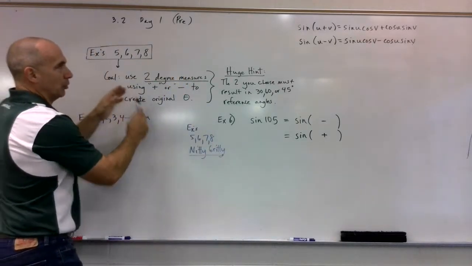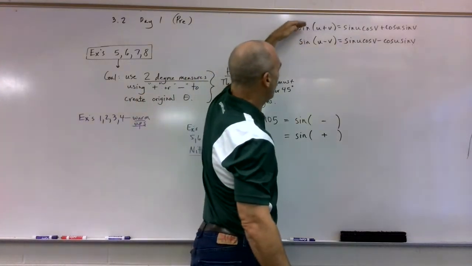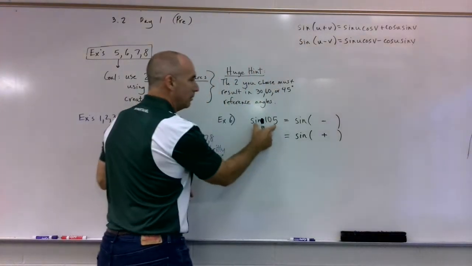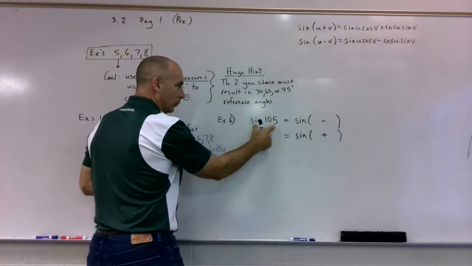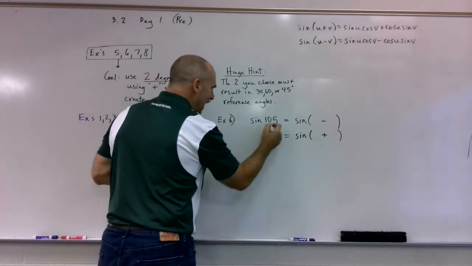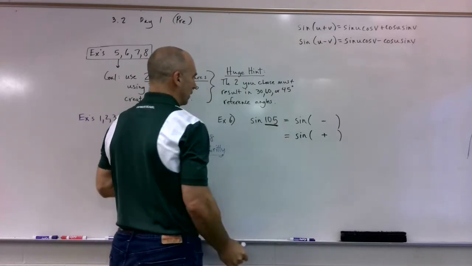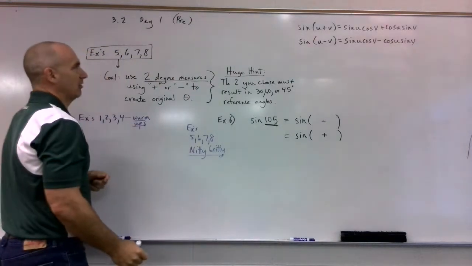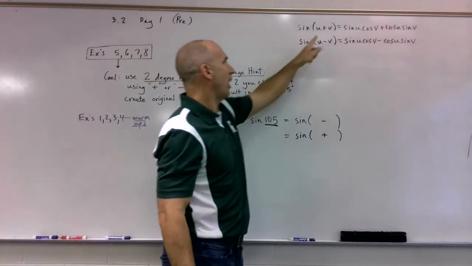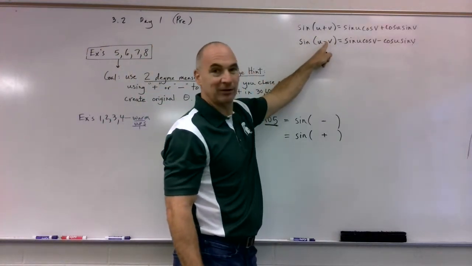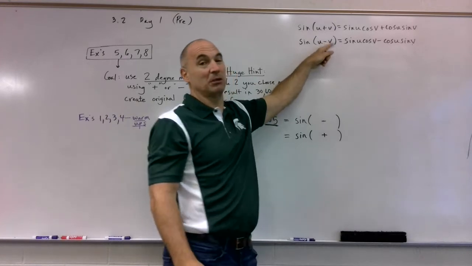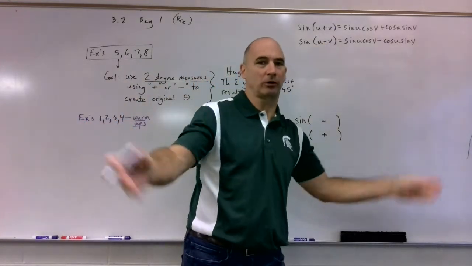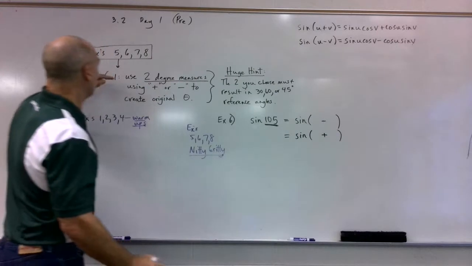They're going to have you manipulate these formulas with a problem like this. Now, with that being said, I have 105 degrees right here. And they're going to ask you to use the sum or difference identities, which just means, hey, use one of the formulas that works. But here's your goal.